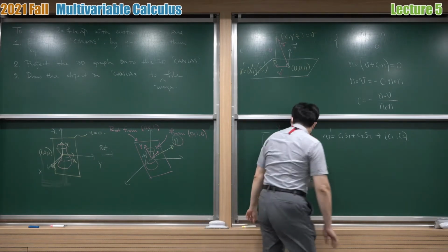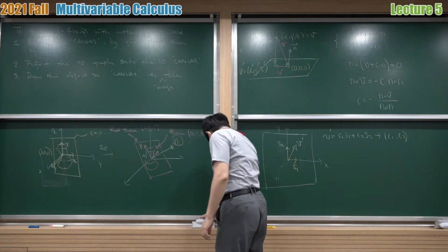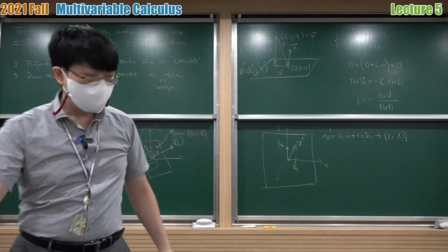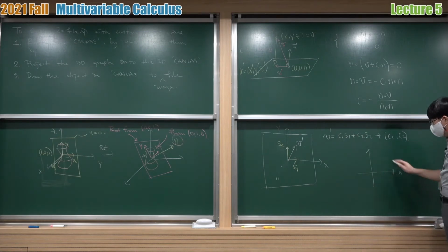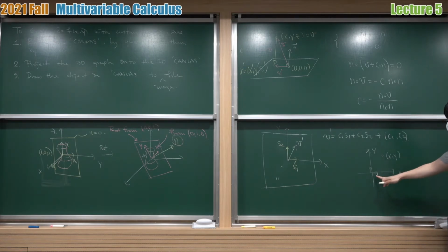Think about a simple argument from high school mathematics. We have the xy plane. If you have (x, y), that means you're moving your position from the origin in the horizontal way by x units of the unit vector, and then moving in the y direction by y units of the unit vector. So this is (1, 0), and this is (0, 1).